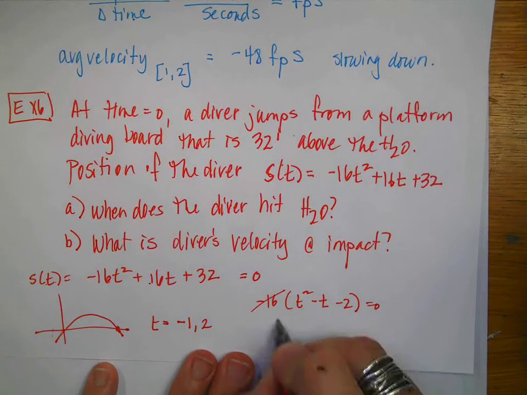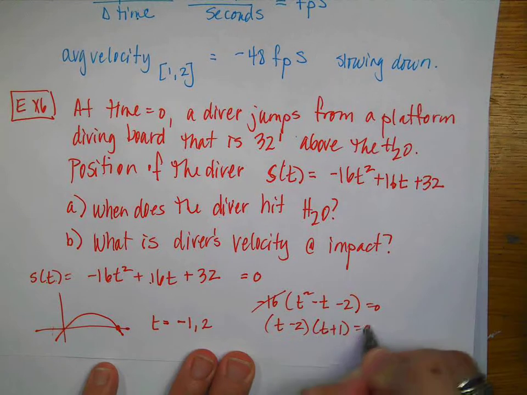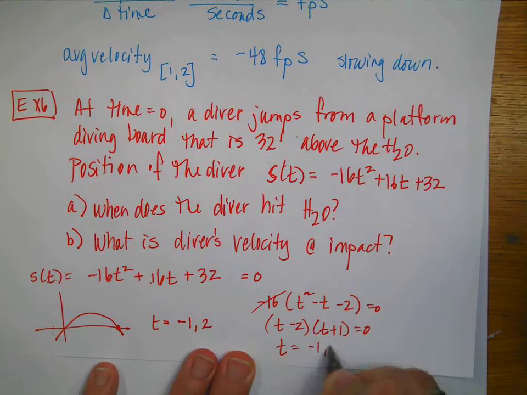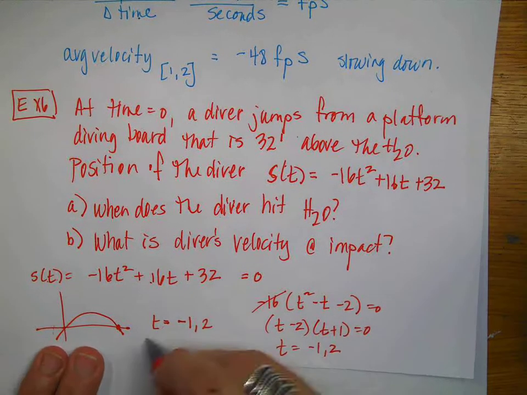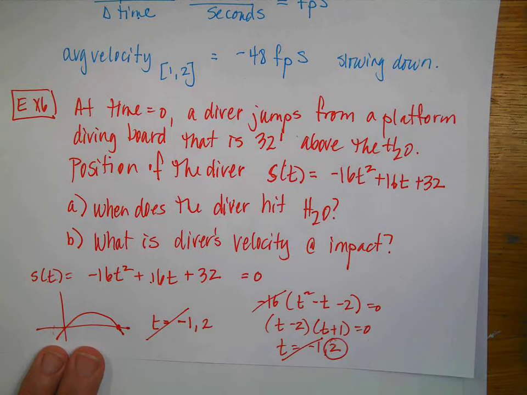And then the 16 goes away because I divide both sides by negative 16. I get (t minus 2)(t plus 1) equal to 0, so time is negative 1 and 2. Well, I'm not going to be concerned about negative 1, so I know that the diver is going to hit the water at 2 seconds. So he's gone up, he's come back down, he hits the water.